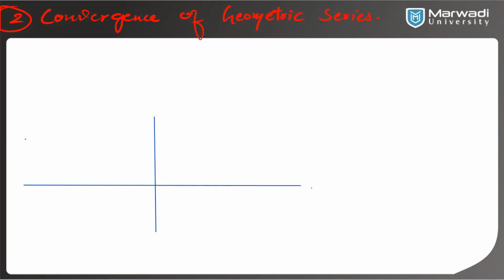This is x axis, this is y axis. Chalo, what is geometric series first of all? Who will answer what is geometric series? The difference between two elements is 1/r something.